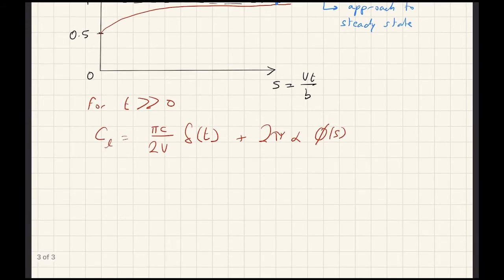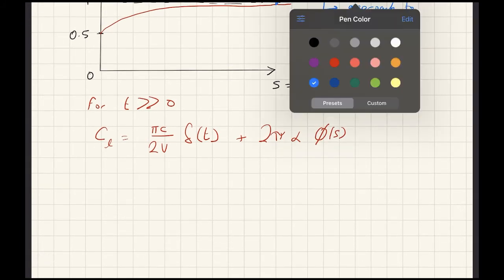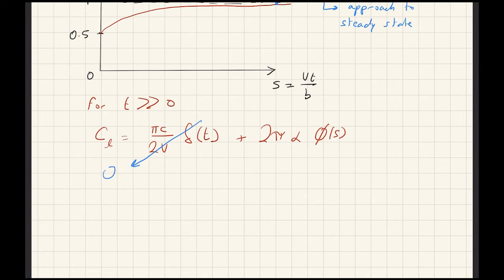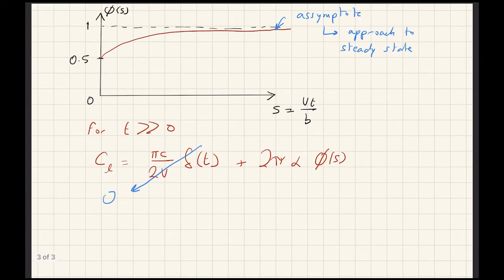Since t is a lot larger than 0, this goes to 0. And as s approaches infinity, because t is a lot larger than 0, phi of s approaches 1. Thus, CL is equal to 2 pi alpha for t a lot larger than 0.